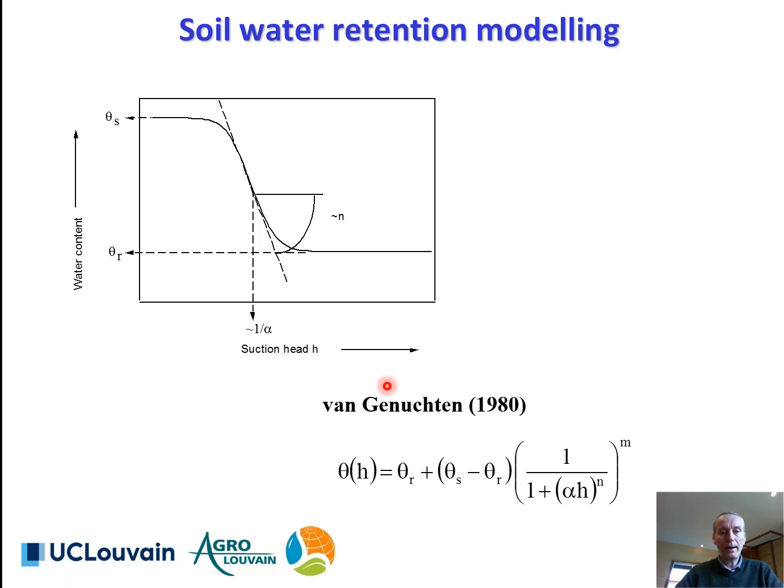He proposed a parametric equation based on five parameters, the so-called Vanclooster retention model: saturated water content, theta S; residual water content, theta R; alpha, a parameter related to the inverse of the air entry value; N, a slope parameter; and M, a parameter that determines the asymmetry of the curve.